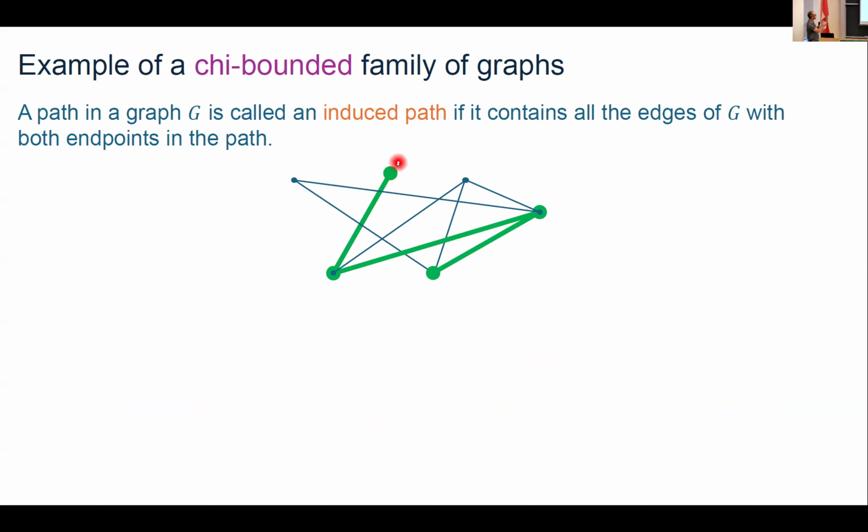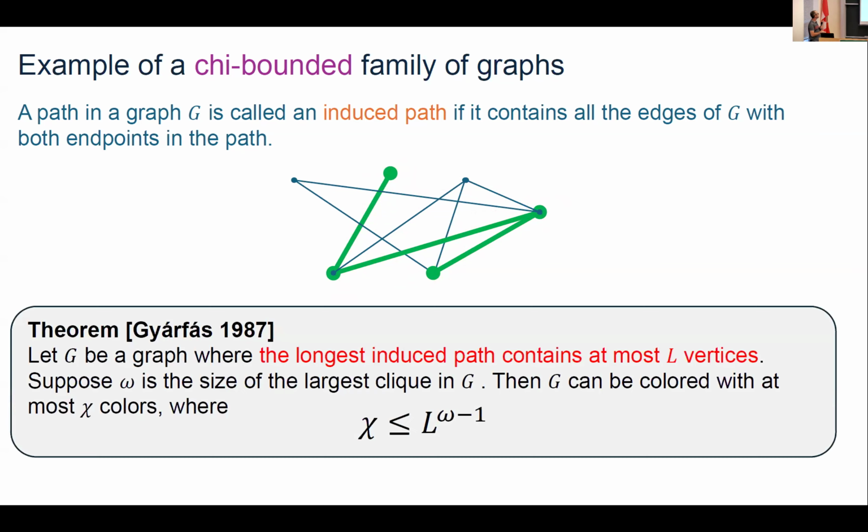So like here, this green set of edges and vertices is an induced path because every edge in the larger graph that touches one of these vertices is also contained in the path. Like if there was an edge between this vertex and that vertex, like a blue edge, then this green path would not be an induced path. Okay, that's an induced path.